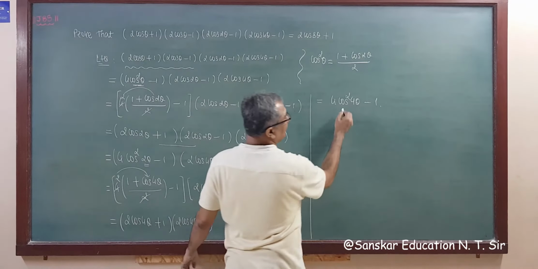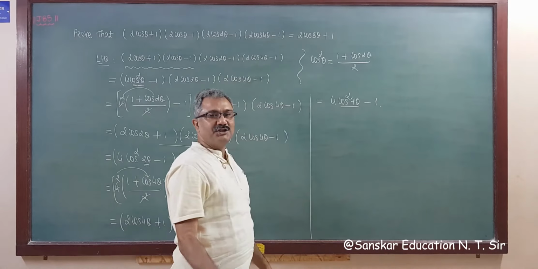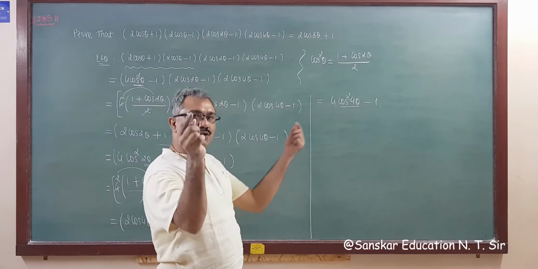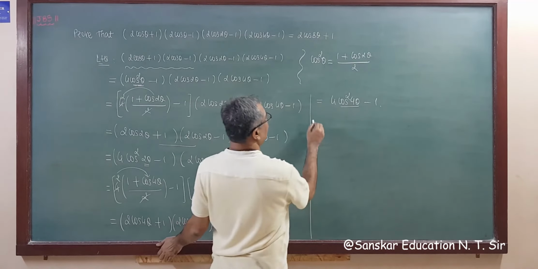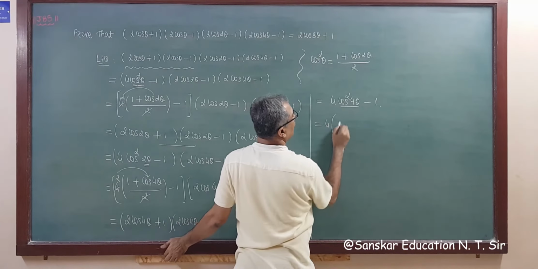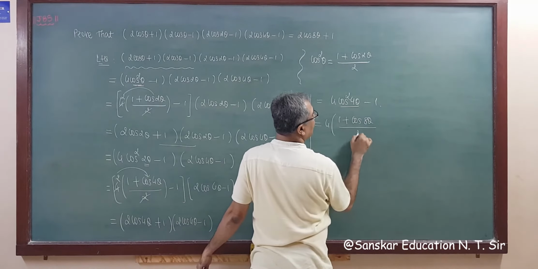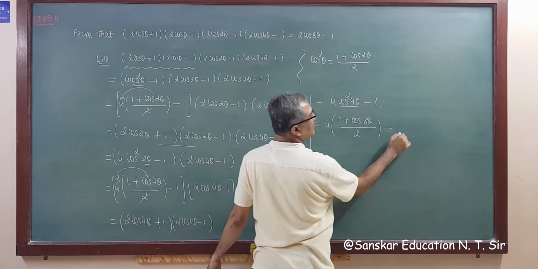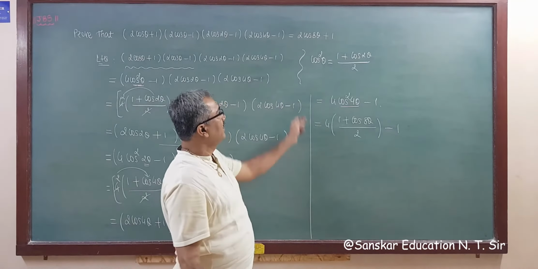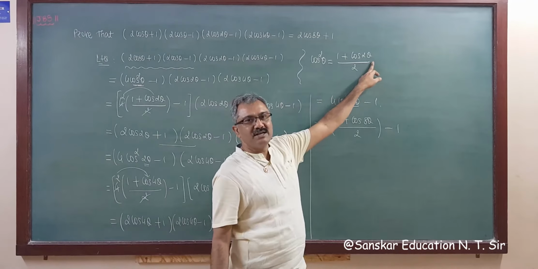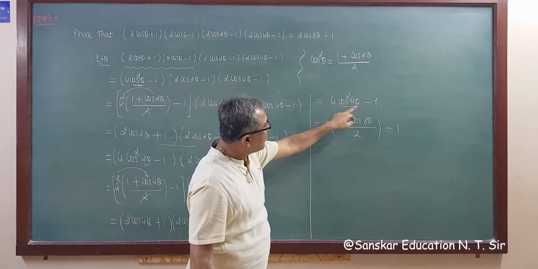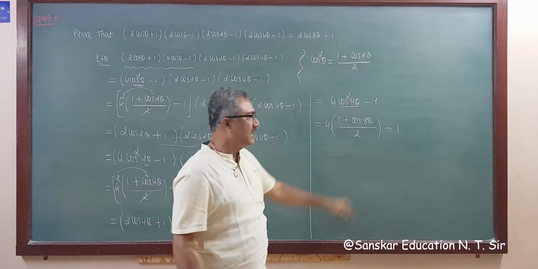Again applying the formula for cos square theta, instead of theta it is 4 theta. So double of 4 is 8. So this is 4 times (1 plus cos 8 theta) divided by 2, minus 1. Got it? If we take theta, then it becomes double, so 4 theta becomes double, 8 theta.